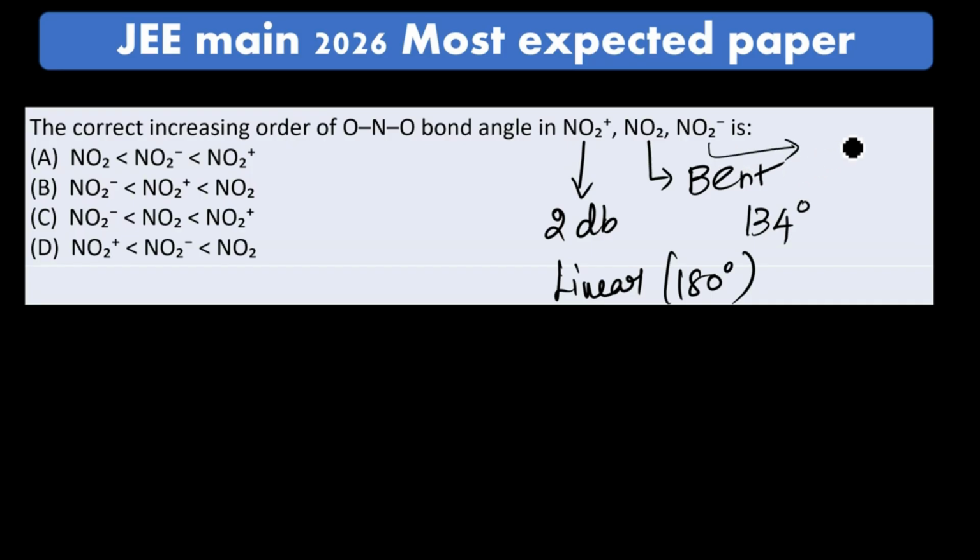What about NO2 minus? NO2 minus will have one lone pair and this is also bent, but the angle is smaller because of the lone pair, that is 115. So which will lead to the answer: NO2 minus is the least, then comes NO2, then comes NO2 plus, option C.